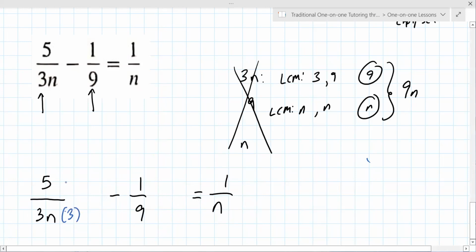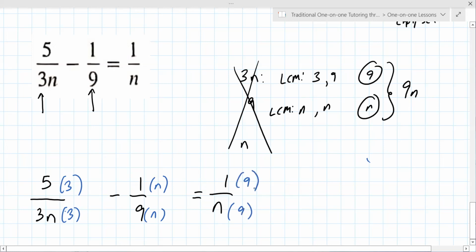3. So you multiply the top and bottom by 3. This 9 on the bottom, what do you multiply 9 by to get 9n? n. And on the right here, what do you multiply the n by to get 9n? 9. Now there are other ways to do this problem.